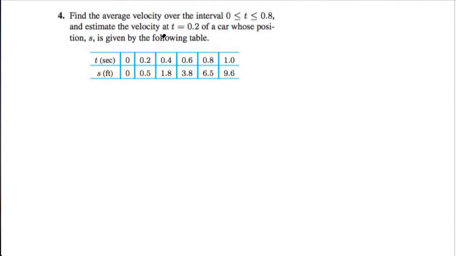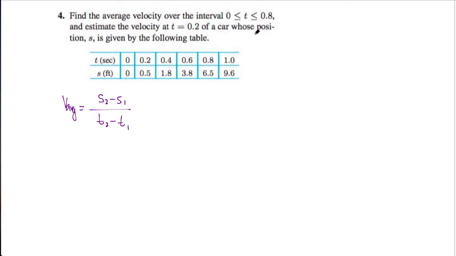So question 4 says, find the average velocity over the interval from 0 to 0.8 and estimate the velocity of the car at time 0.2. So here are my functions. I want to find average velocity. If you recall from the last problem we did, question 3 previously, we had an expression for v average, and that was S2 minus S1 over T2 minus T1.